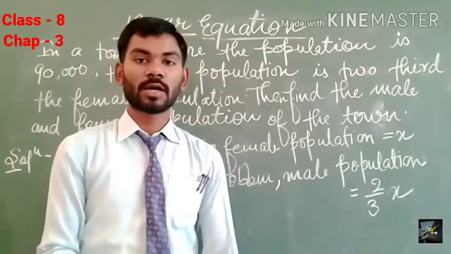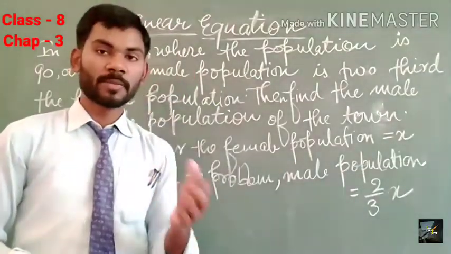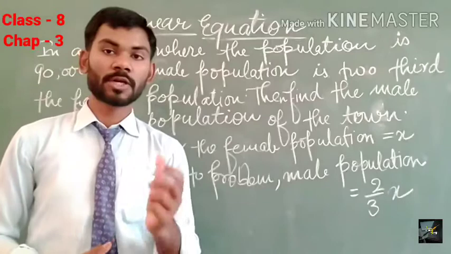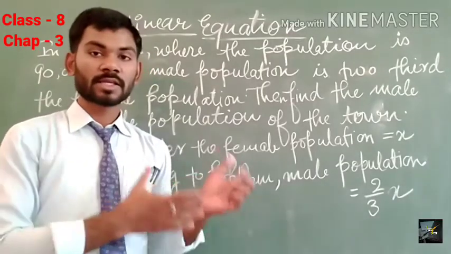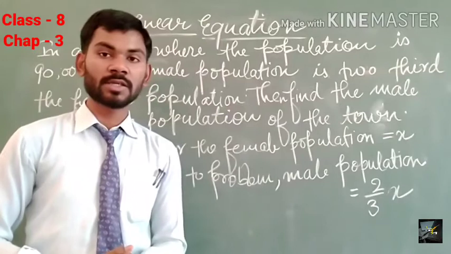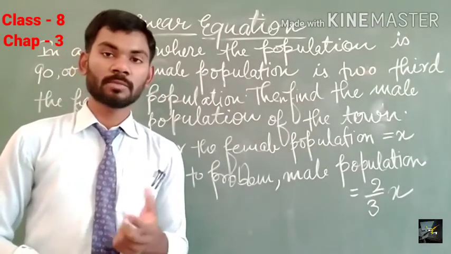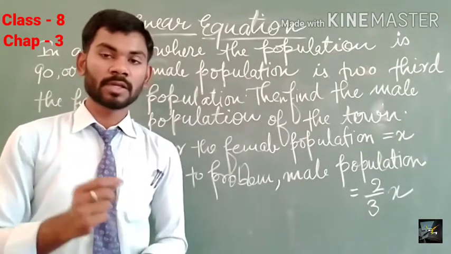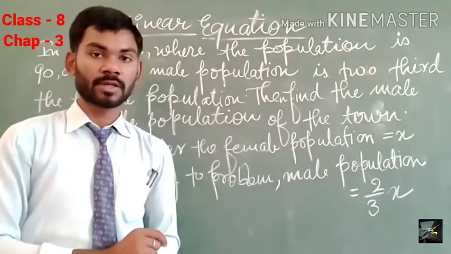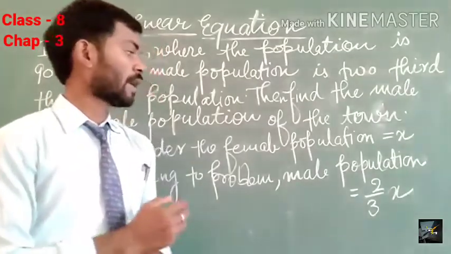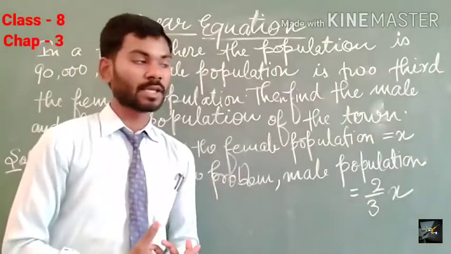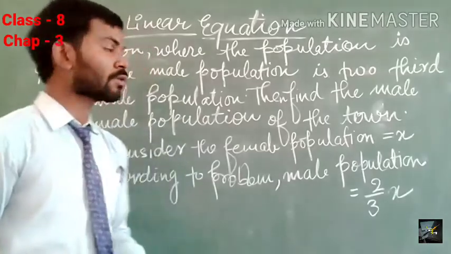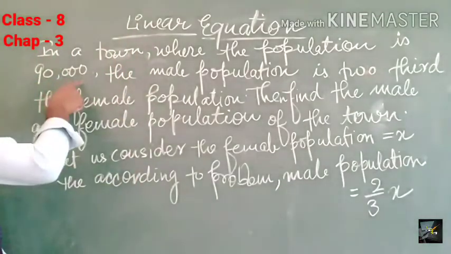And as I told you earlier, the total number of male, female and children together makes the population of a particular place. Since there is no mention of children here, we need not write down the number of children. Here we just see the number of people in which male and female are given. So in order to find the total population of that city, we have to add 2/3 x and x, which will be equal to the total population, that is 90,000.